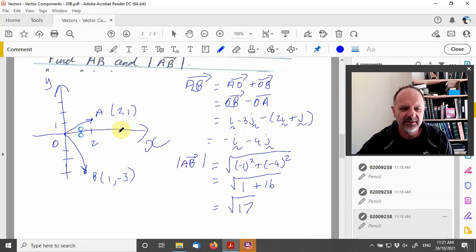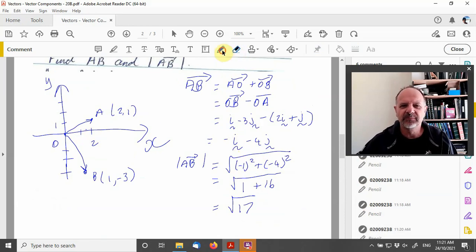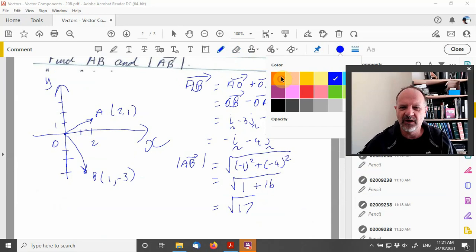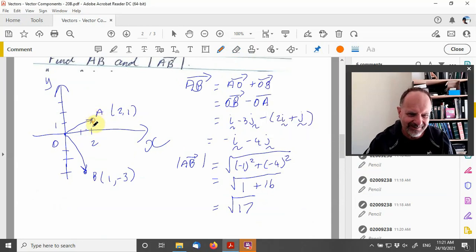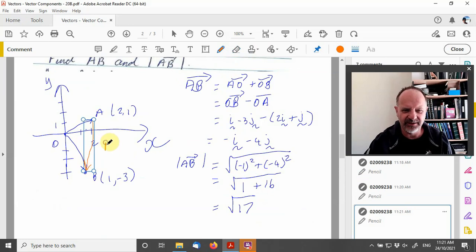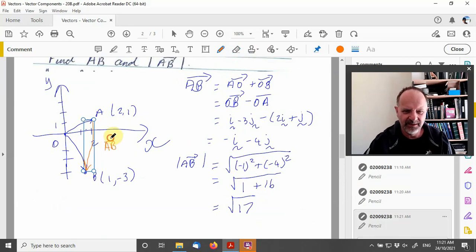So up here on this example, I did draw vector AB, which I didn't, but if I did, vector AB goes there like that. So that's vector AB. Now we've just found out how long it is, and I can have a unit vector pointing in that particular direction if I wanted to.